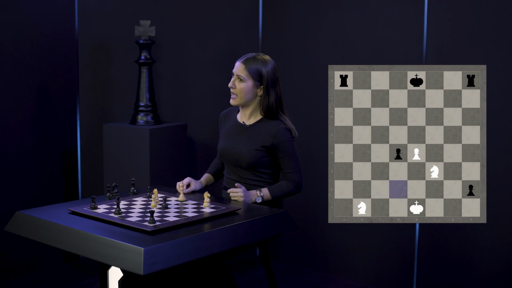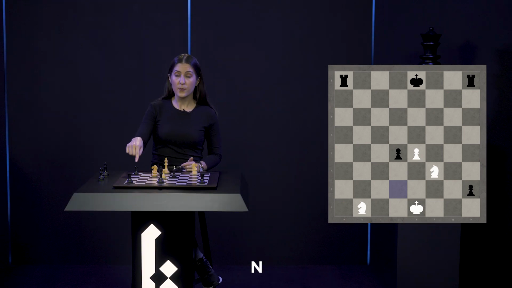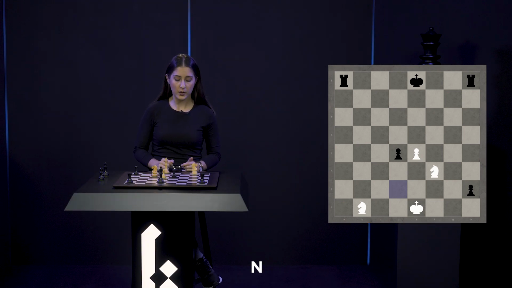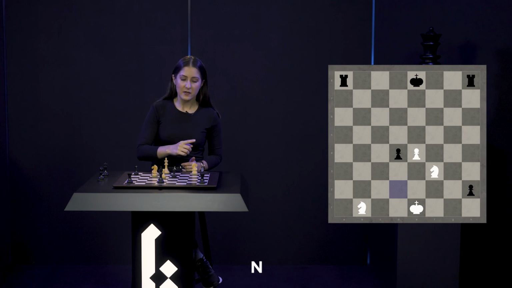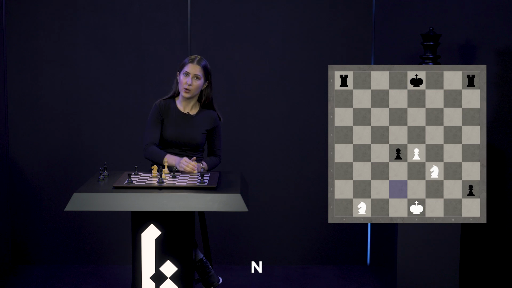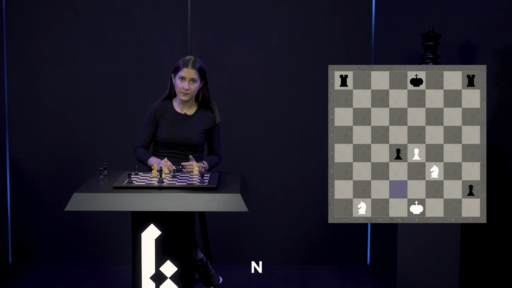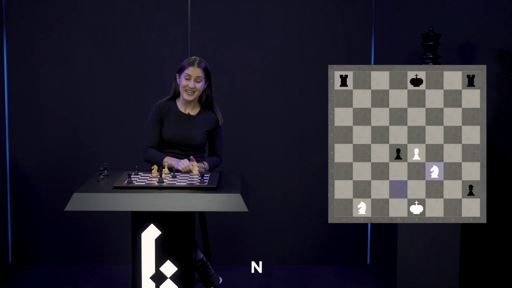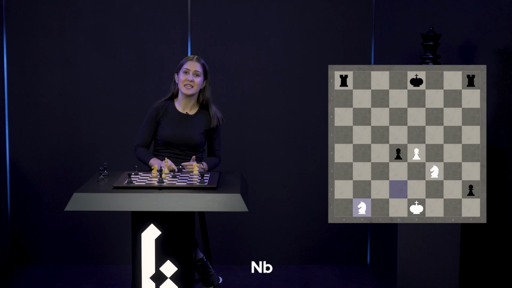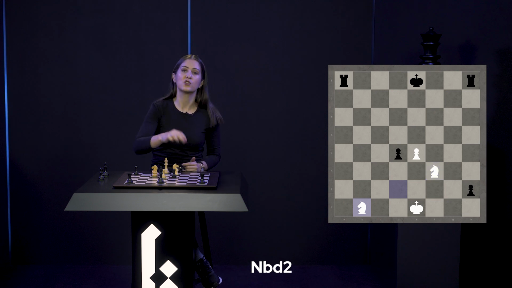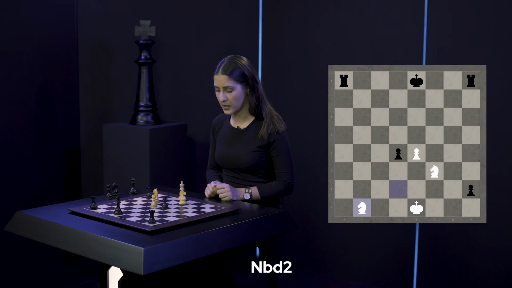You need to write knight, and then, as with the pawn when it's capturing, you have to write the letter of the file where the knight is starting. For example, if this knight is moving to D2, you have to write knight, capital letter, then B, because the initial square is on the B file, and then you write the square where the knight is moving, D2. So knight, B, D2.